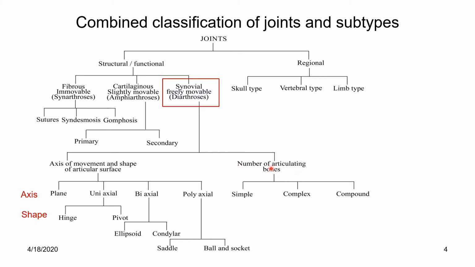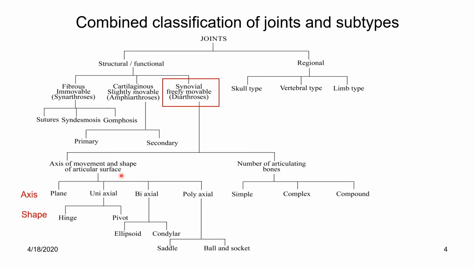Depending on the number of articulating bones, it is divided into simple, complex and compound subtypes. Depending on the axis of movement, it is divided into plane, uniaxial, biaxial and polyaxial joints.